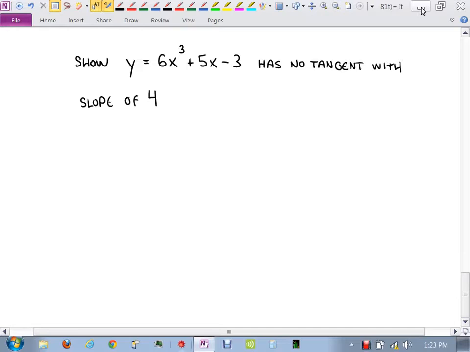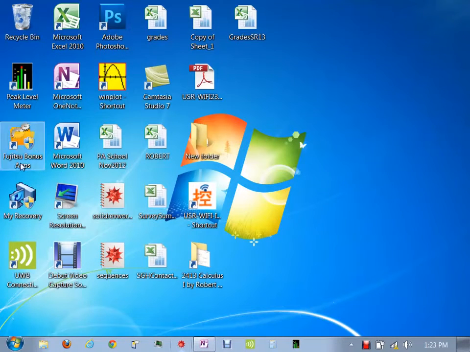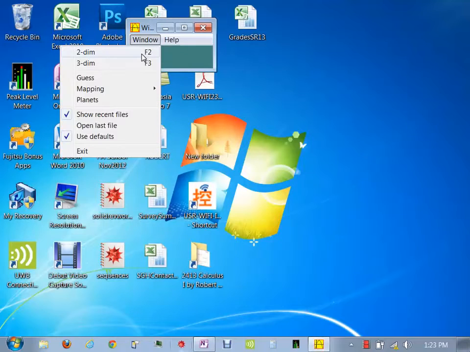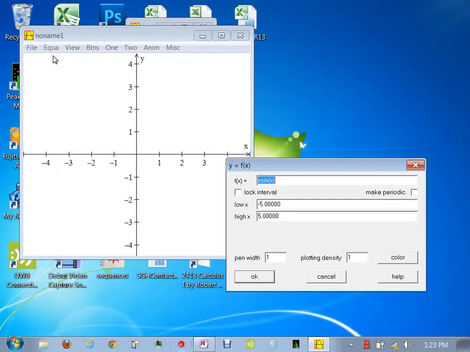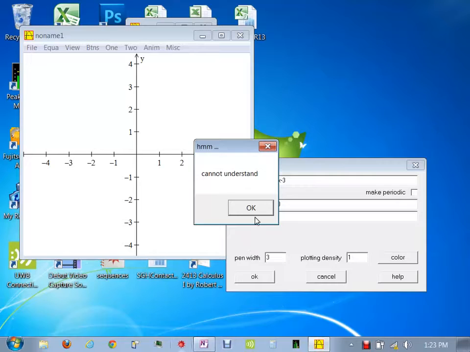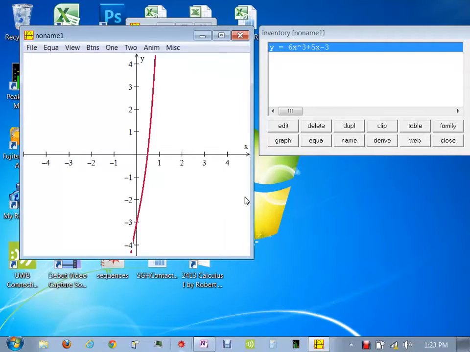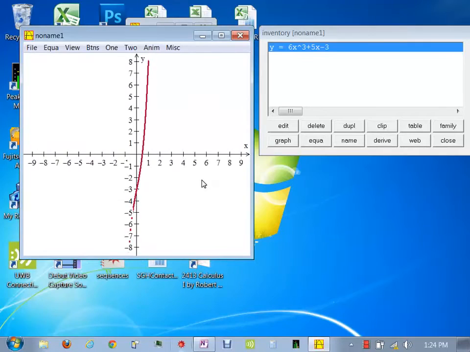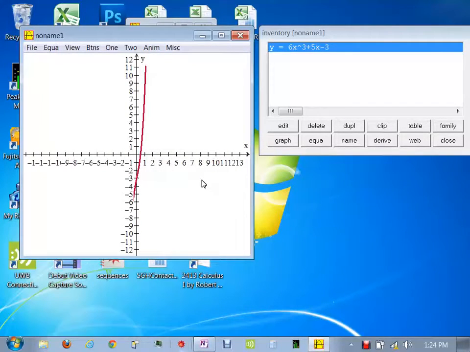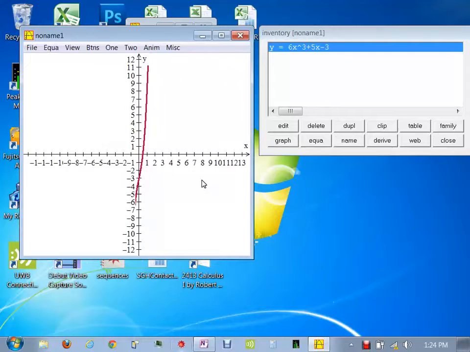That's what the problem's stating. Now, I'm going to bring up this program again quickly. 6x cubed plus 5x minus 3. There's the graph, okay? There's the graph.